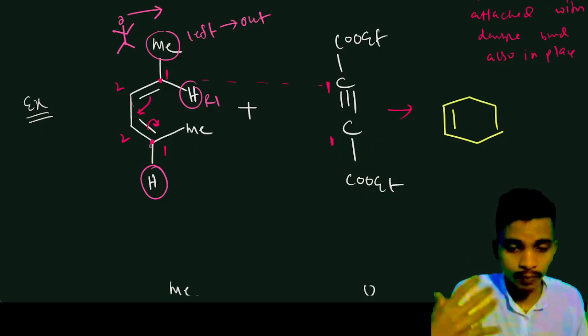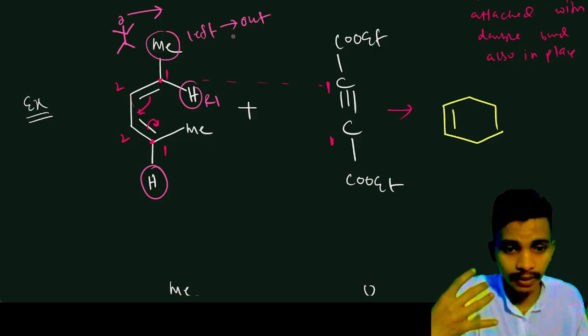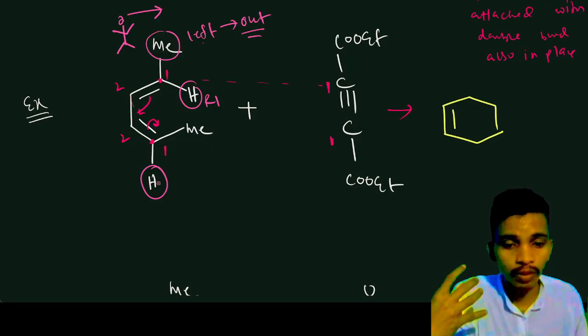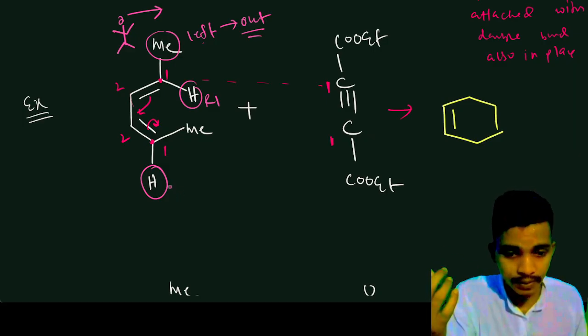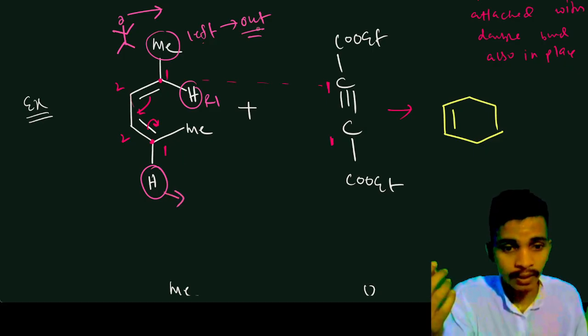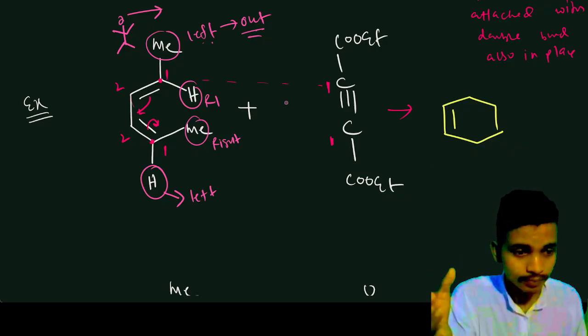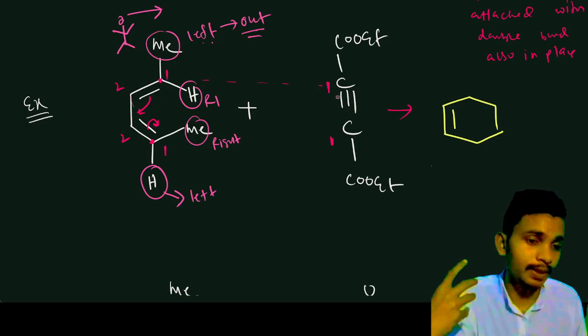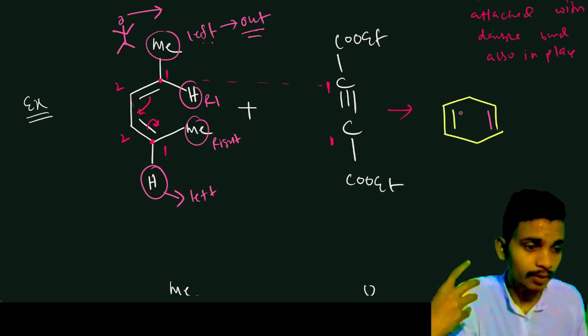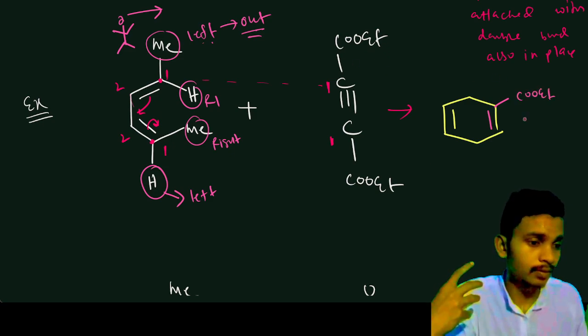So I take left as out, then all out is going to be left. For this double bond this is outside and this is inside, so since I took out as left, this I also take as left, and this is again right. Okay, and this is again going to be in the plane, since the double bond is planar, so the stereochemistry will be in the plane.